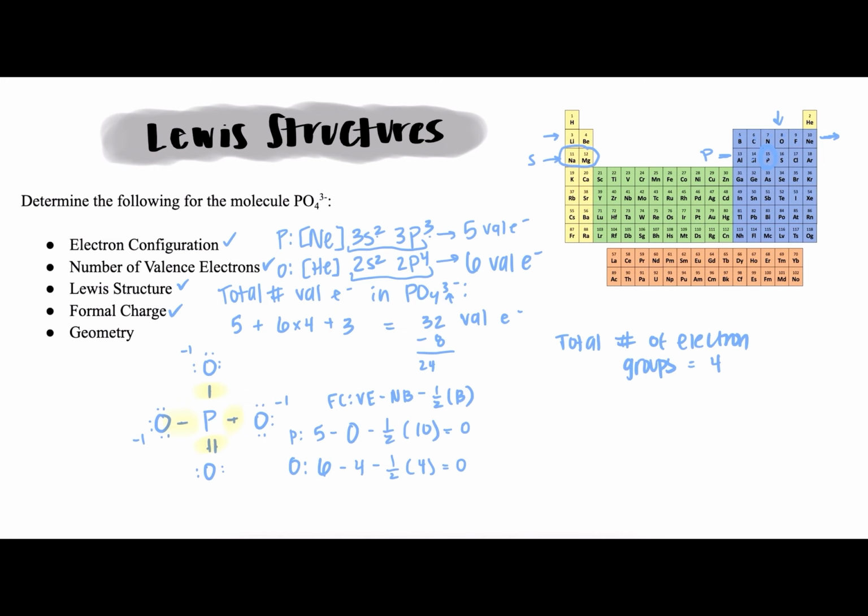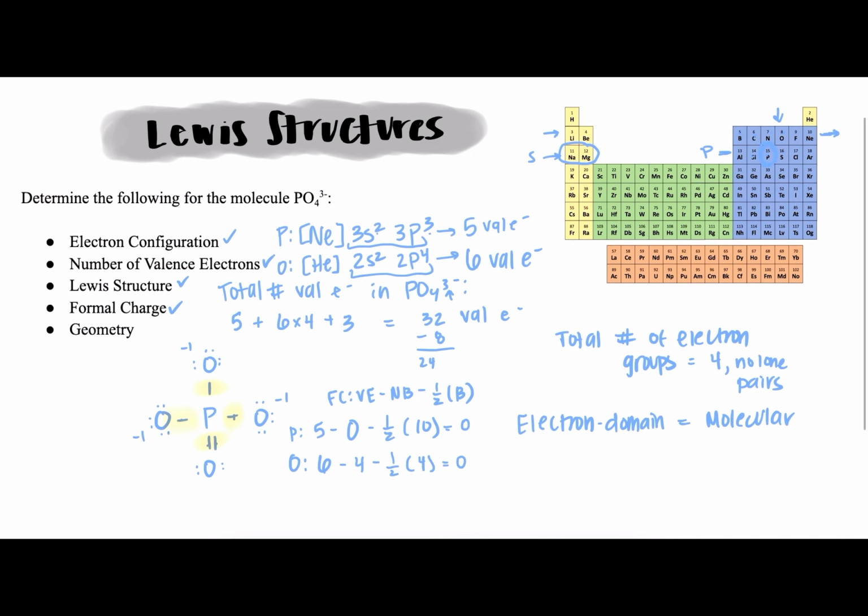And since we have no lone pairs, that means that our electron domain geometry will be the same as our molecular geometry. And 4 electron groups, 0 lone pairs corresponds to a tetrahedral.